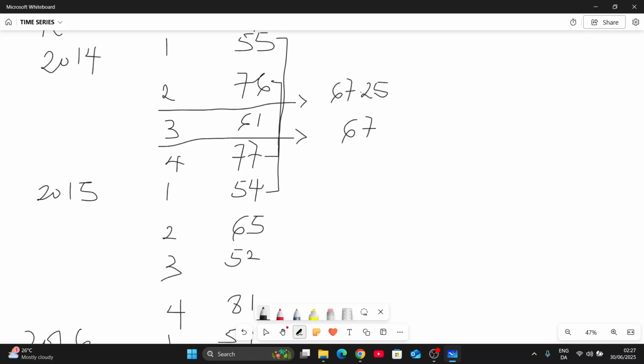Then we also begin from 61 to 65 and find the average, 64.25. Then the next one will be from 77 to 52. 77 plus 54 plus 65 plus 52. The average is 62.